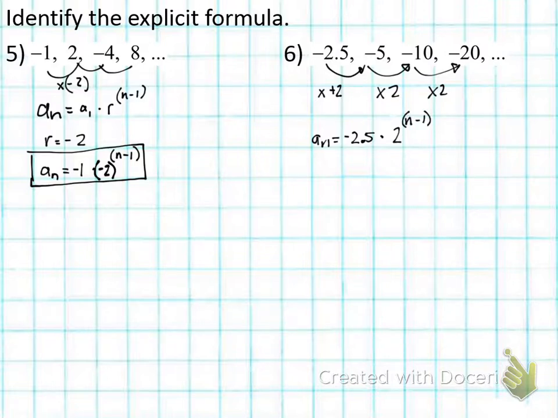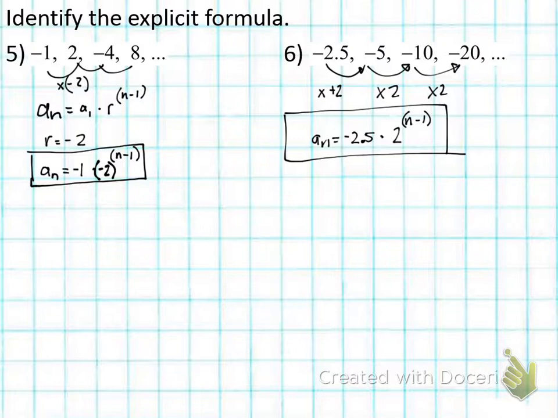Okay, this is a generic explicit formula. This is the explicit formula for any term in the sequence. The n is still a variable. We're not talking specifics yet, but this is the explicit formula, okay?